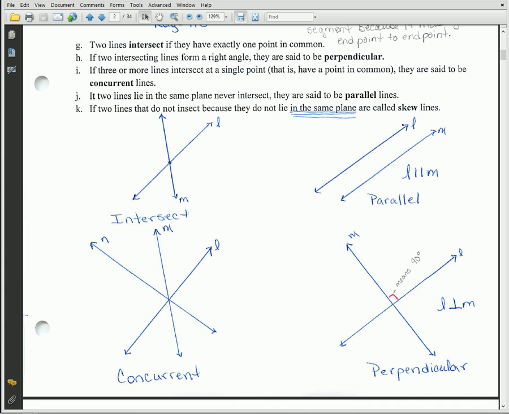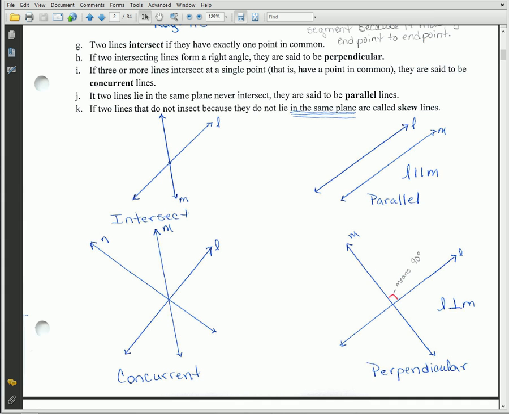Two lines that lie in the same plane that never intersect are parallel lines. Two lines that do not intersect because they do not lie in the same plane are skew lines. In other words, skew lines cannot lie in the same plane.